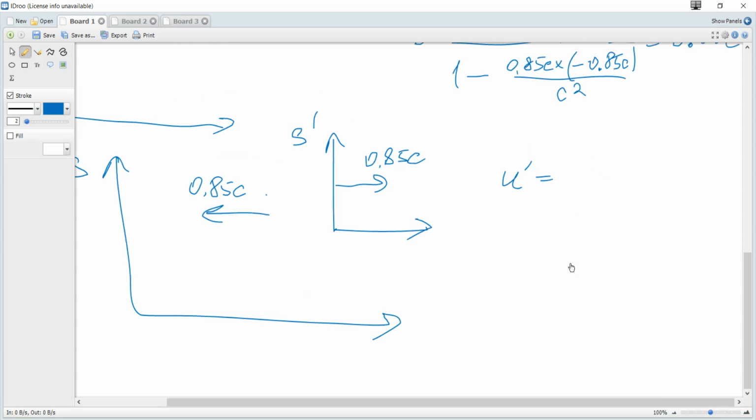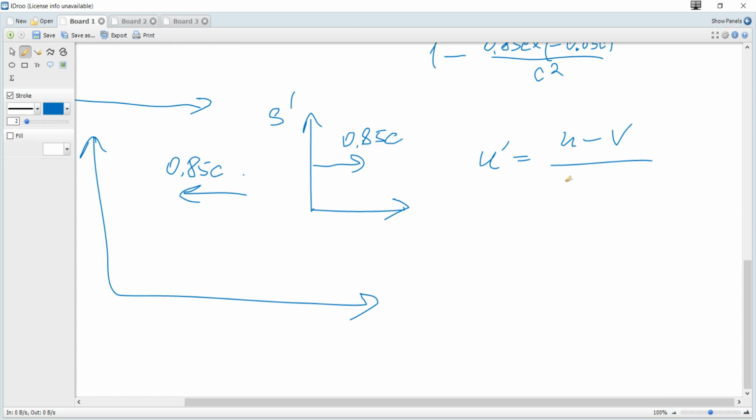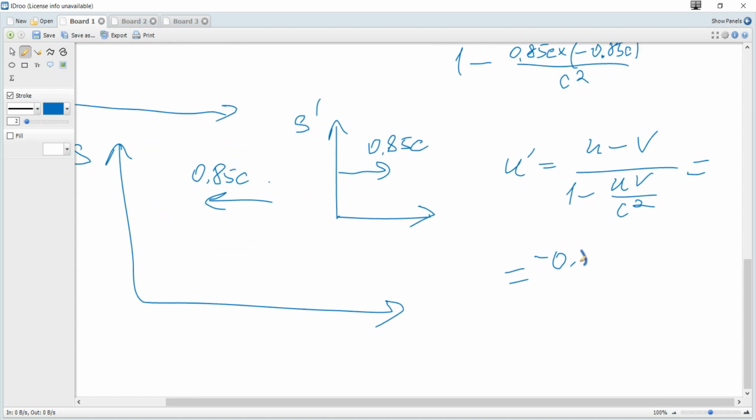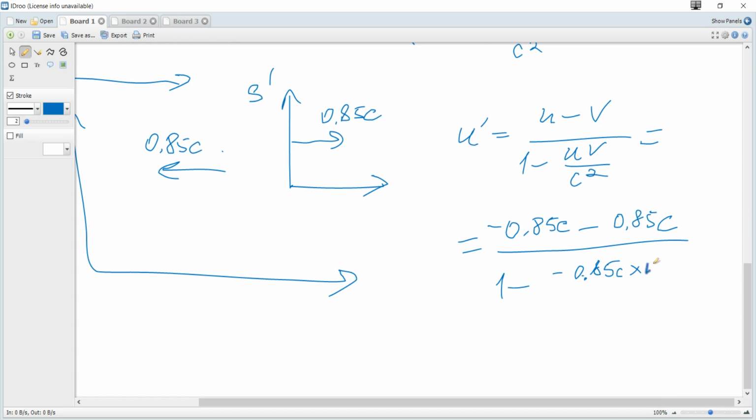U prime is U minus V over 1 minus UV over c squared. And what is U? It's this, but it's to the left, so it's negative 0.85 c, minus V, which is positive, over 1 minus U, which is negative 0.85 c, times V, which is positive.